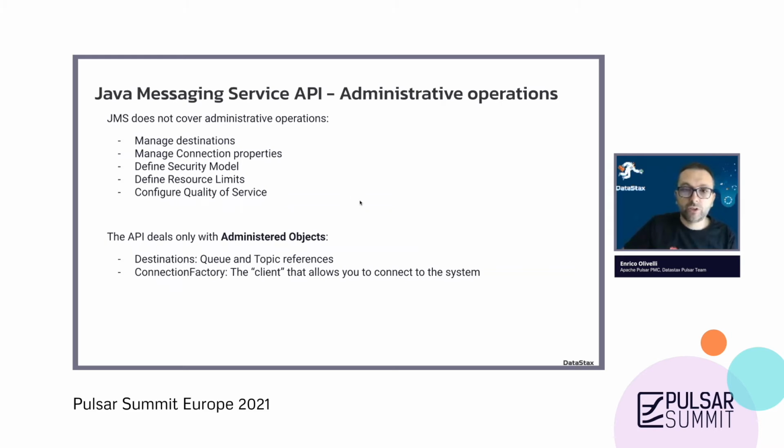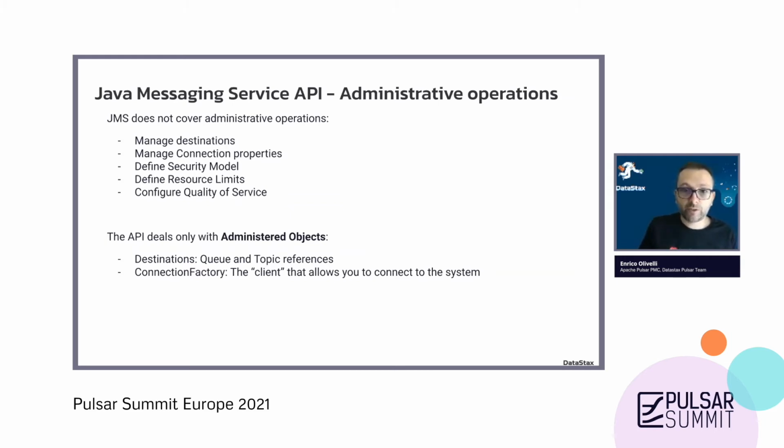But in JMS, you don't have any administrative API. So you cannot manage destinations, like creating, deleting, or clearing destinations. There is no API to deal with connection properties. There is no security model, no resource limits, and there is no concept of quality of service, because those features are very specific to every JMS provider.